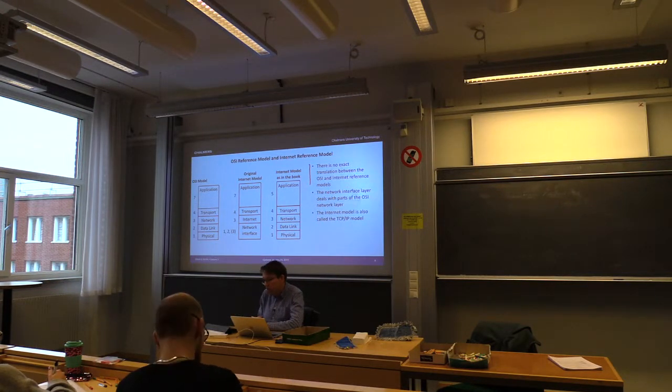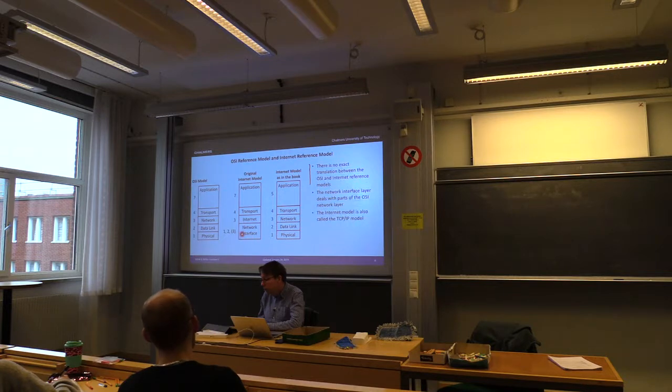The internet model, which is used in the book and is maybe a little more modern, although I don't know if we can really claim that, we will talk about in this course as consisting of 5 layers: application, transport, network, data link, and physical. As you see, it has basically the same names as in the OSI model, but not the same names as the original internet model.